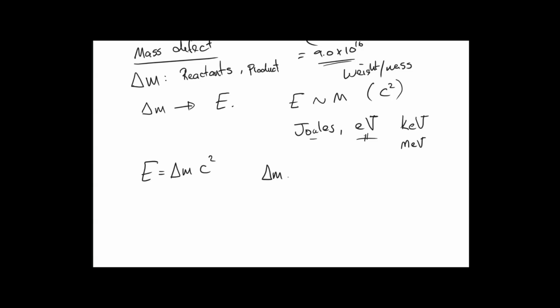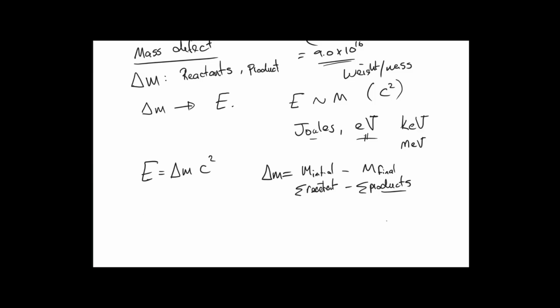The change in the mass is the initial mass, which is the mass of the reactants, minus the final mass, the mass of the products, all of them summed up. The difference is released in the form of energy, times the speed of light squared.